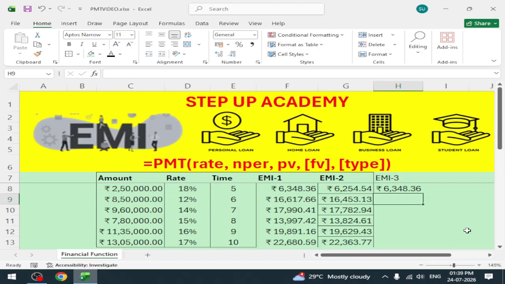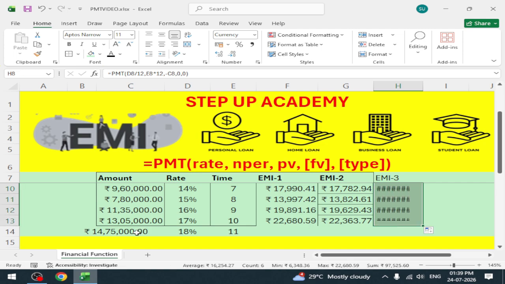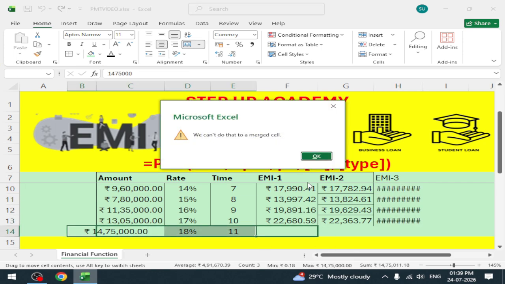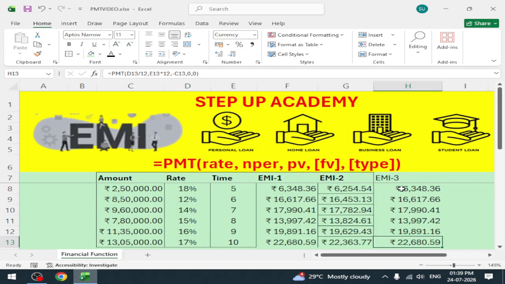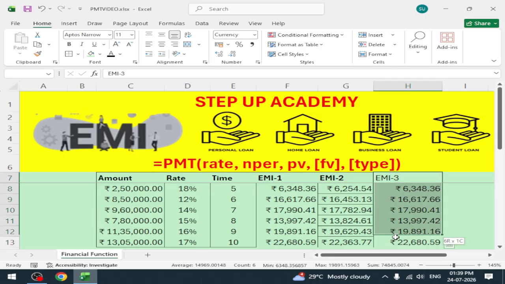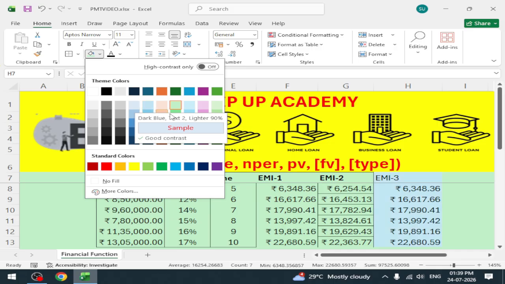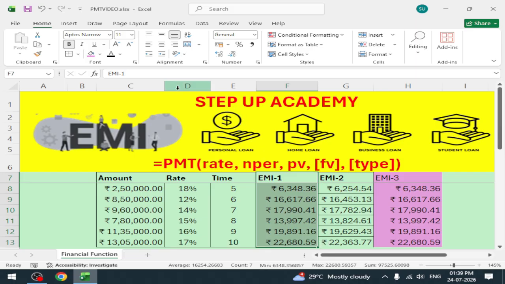Now see the calculation. This is the value that we obtain. So these are the values or amounts or EMIs that we pay after the 10th date of every month.